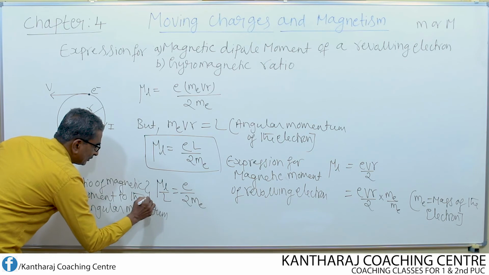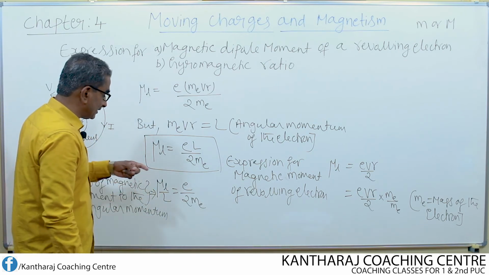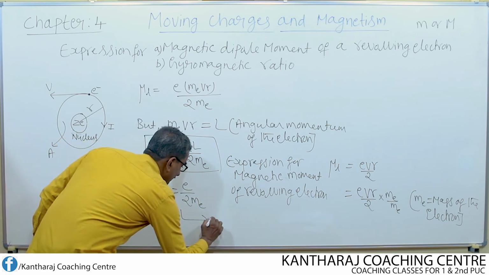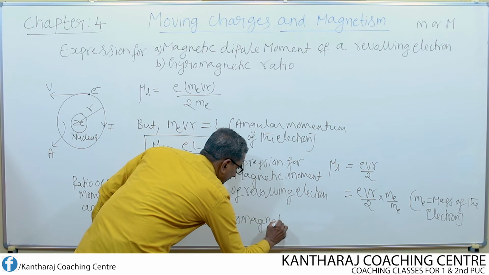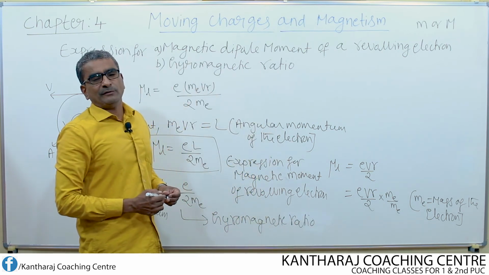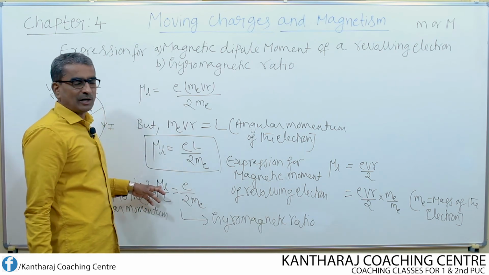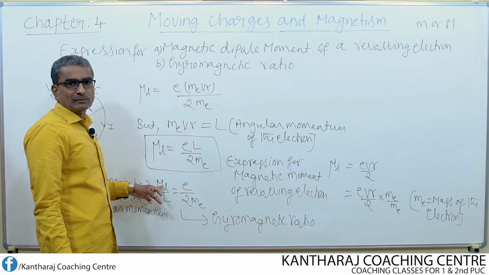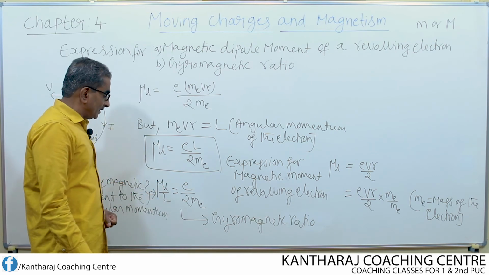This ratio is known as the gyromagnetic ratio. So to define the gyromagnetic ratio: it is the ratio of the magnetic moment of the revolving electron to the angular momentum.